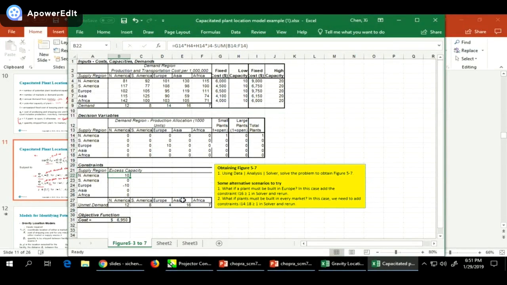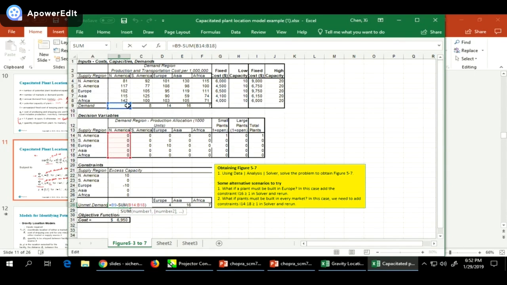So let's see. For constraints, let's first look at the demand constraints. So this is, for example, the unmet demand. You can write it as the summation of Xij's minus Dj, or Dj minus the sum of Xij's, the same thing. So here we write it as Dj minus the sum over Xij's.